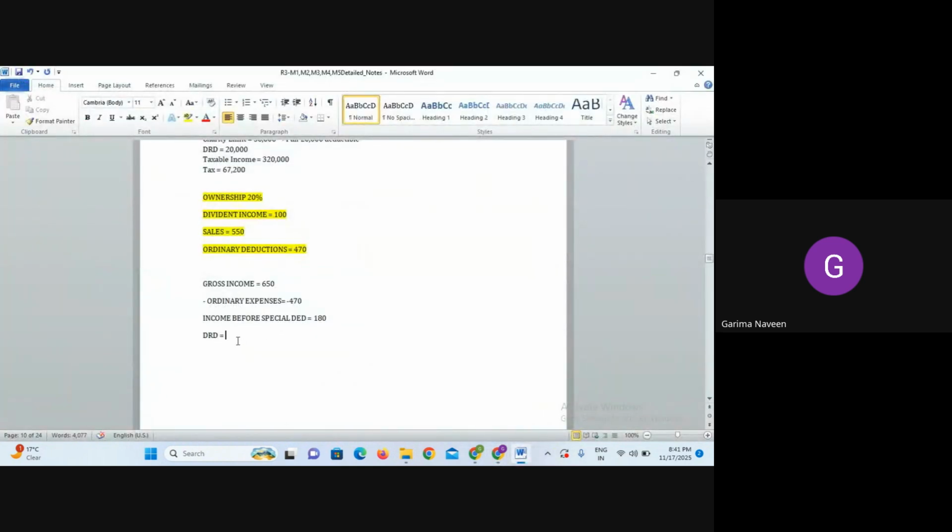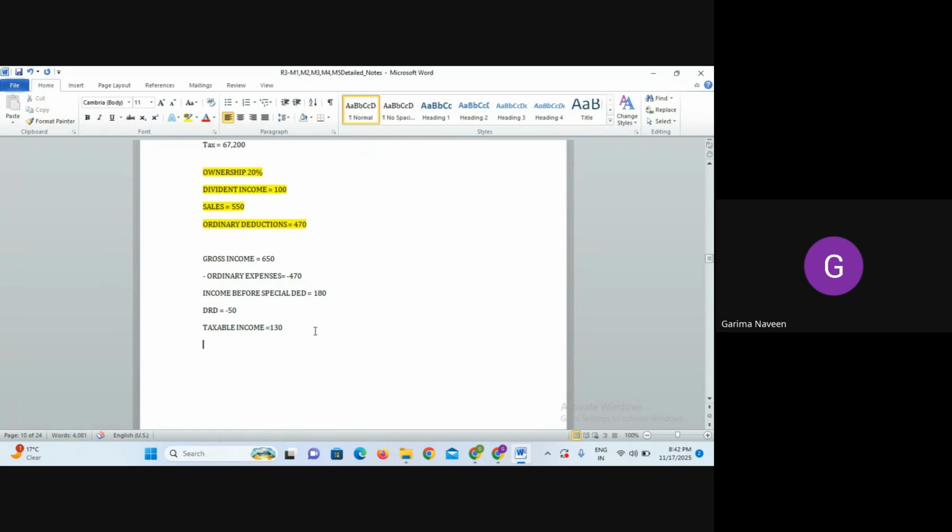This 50% is calculated on the lower of your taxable income before DRD or your dividend income. So what do you think, 180 or 100? Which is the lower amount? 100. Yes, that means you calculate the DRD on this amount, you get $50 of DRD, and your taxable income will become 130 here. So deducting this DRD gives you $130 of taxable income. Any doubt till here?